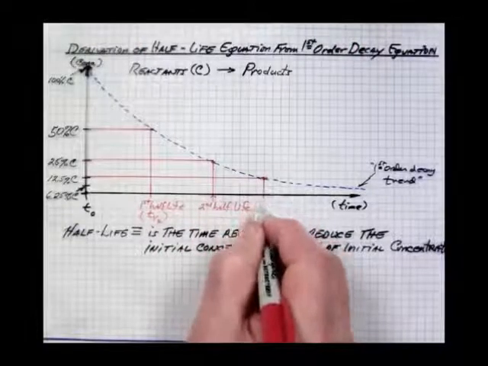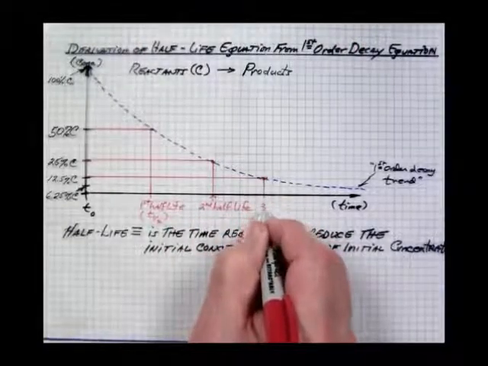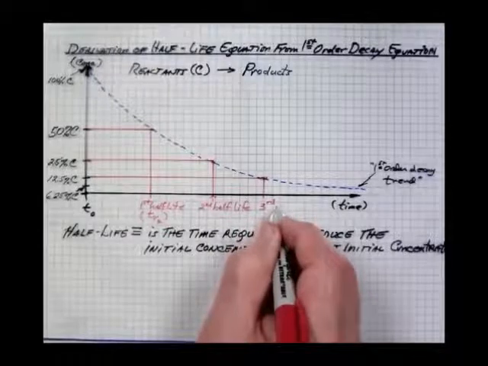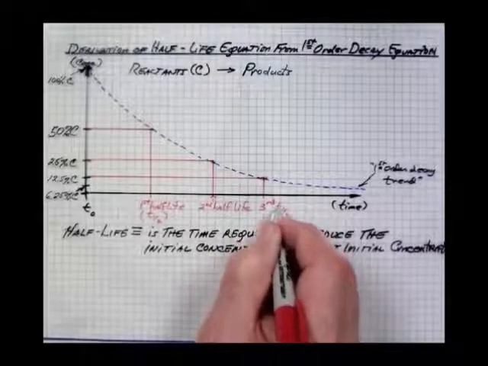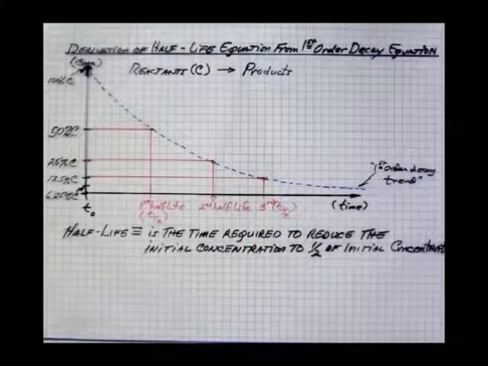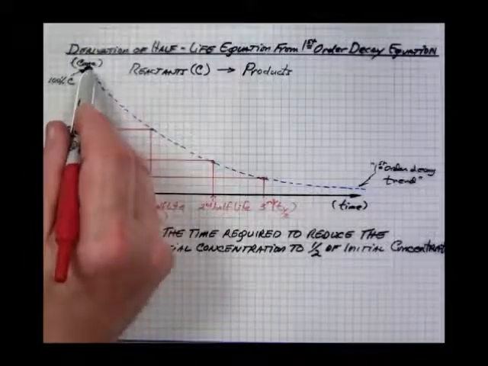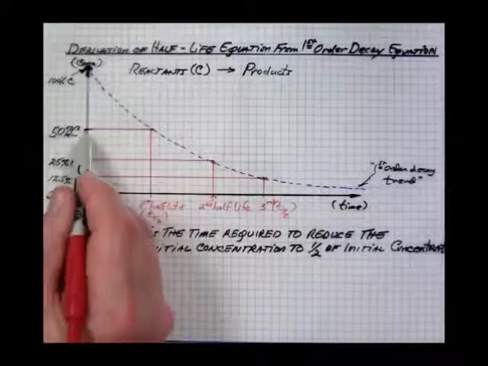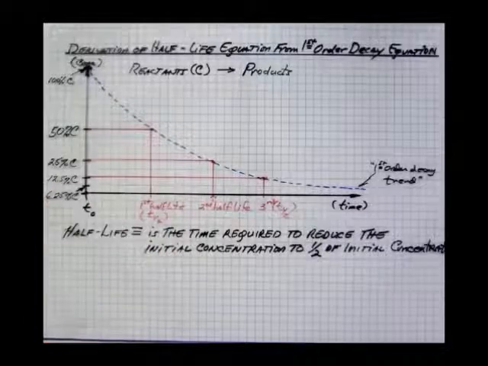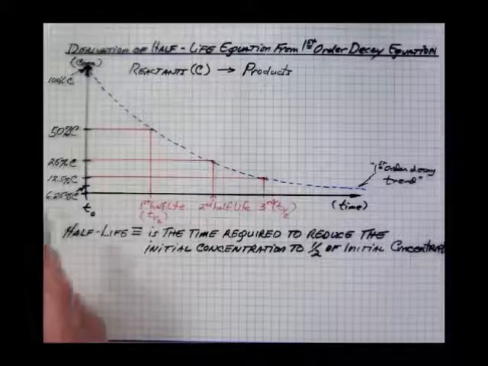This would be the third t 1/2 position. But the time to go from 100% to 50% is generally referred to as the first half-life.